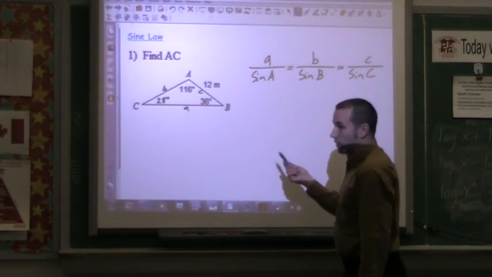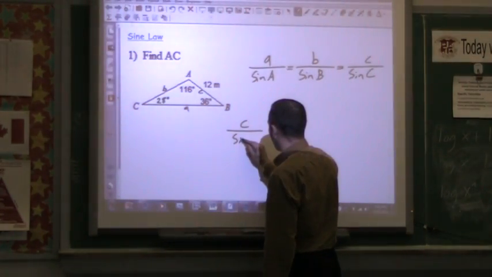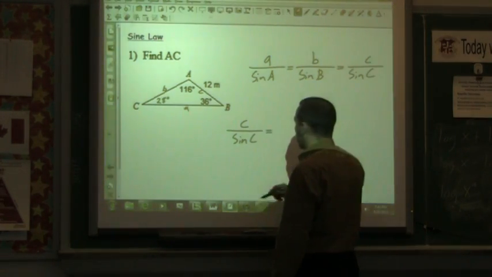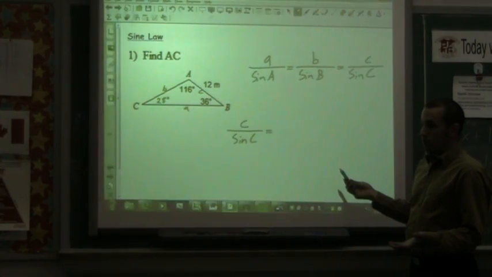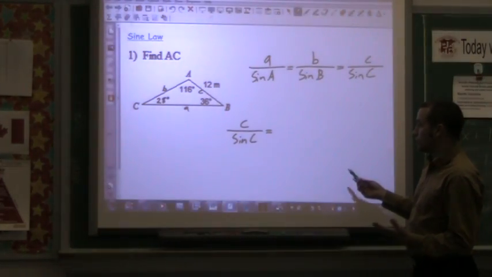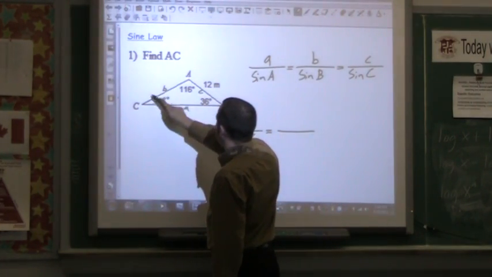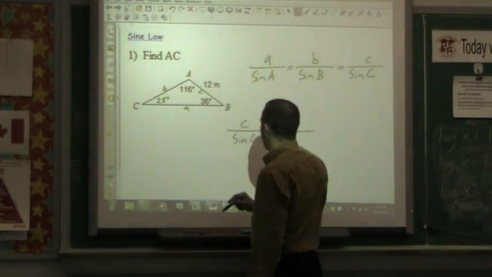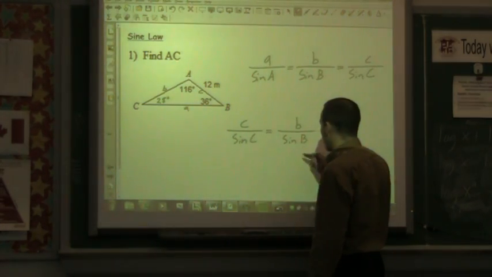So since that's the pair that I know both for, I know I'm going to be using that ratio, so we'll write that down. And the other ratio that I'm going to use is the one that I'm looking for, the missing item, missing side or the missing angle. And so this question's asked for side AC, which is side B. And so that has to be my other ratio.